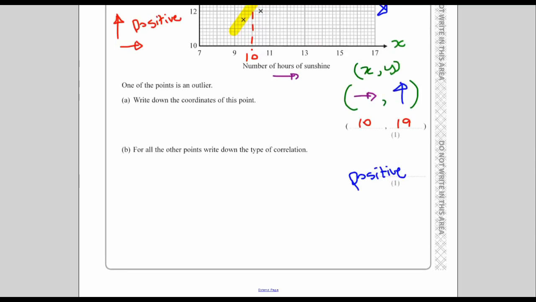Moving on. On the same day, in another British town, the maximum temperature was 16.4 degrees C. Estimate the number of hours of sunshine in this town on this day.